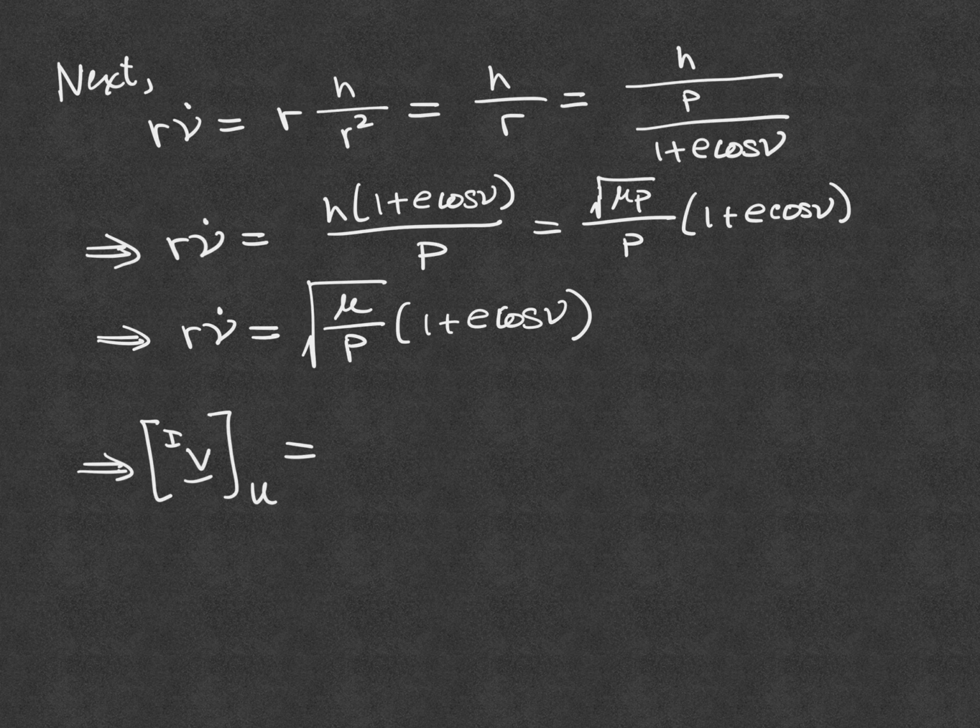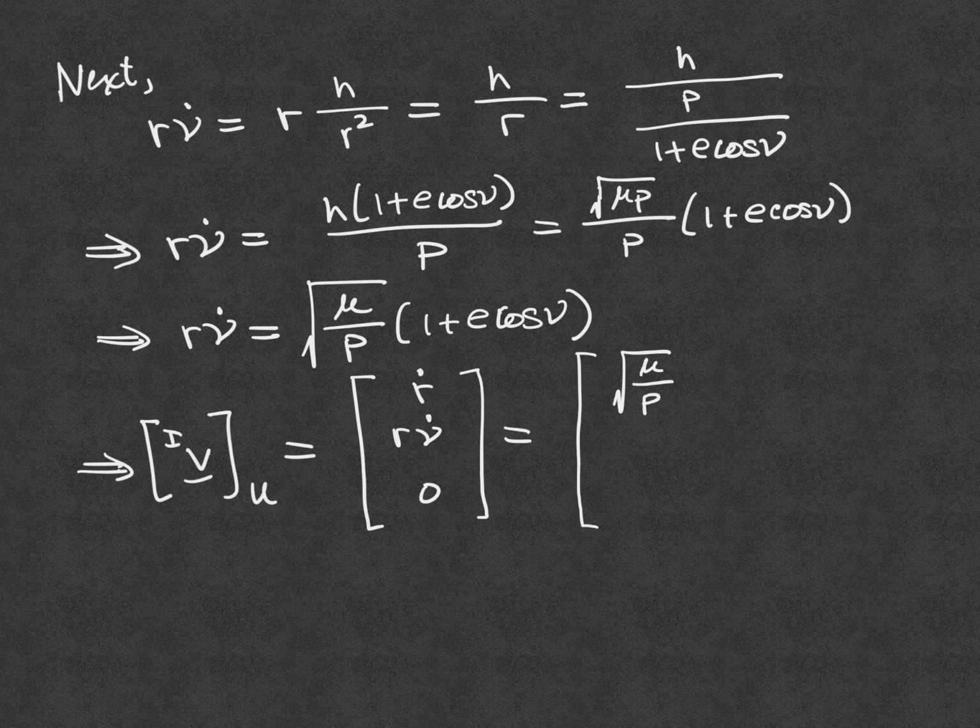Now we can use all of that information in the expression for the inertial velocity expressed in the coordinates u. If you recall, that expression was R dot, R nu dot, and 0, which is equal to the square root of mu over P times E sine of nu, and then the square root of mu over P times 1 plus E cosine of nu, and then 0.